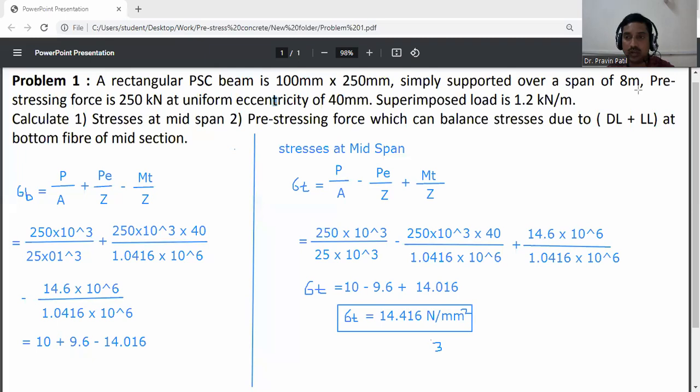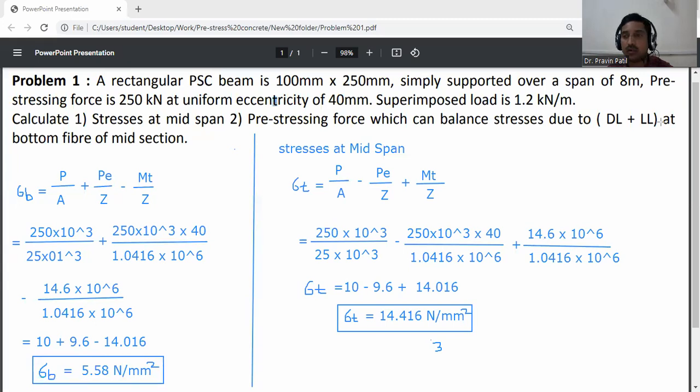So sigma B, the bending stress at the bottom, is equal to 10 plus 9.6 minus 14.016. So it will be 5.58 Newton per mm square, or MPa, megapascal. So this is sigma B, the bending stress at bottom.